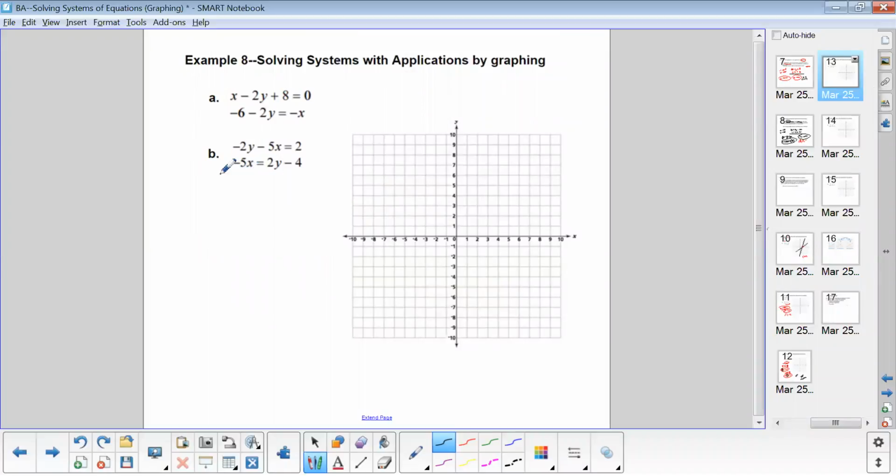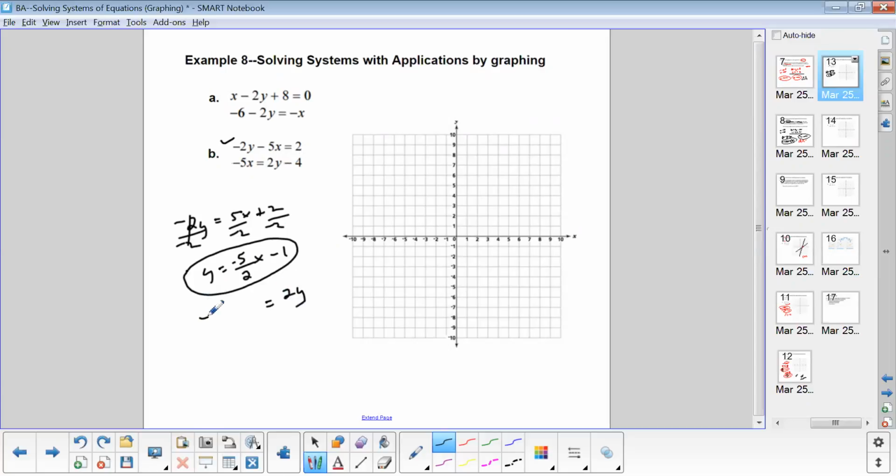And then if we look at part B, I'm going to add the 5x. So now I got 5x plus 2 and divide by negative 2. I'm going to have y equals negative 5/2 x minus 1. So there's the top equation on part B. It's this one right here. And then here I'm going to add the 4. Leave the 2y.